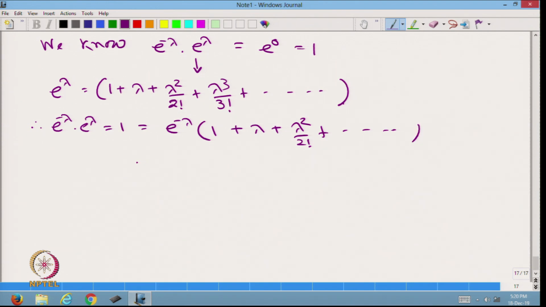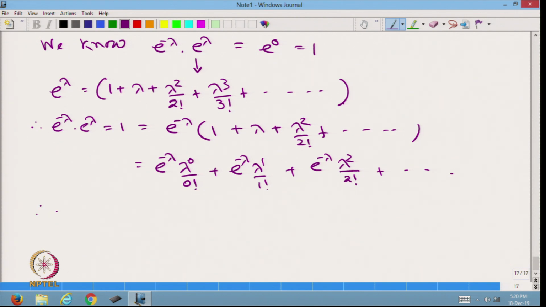Therefore, we are writing it as e to the power minus lambda lambda power 0 upon factorial 0, plus e to the power minus lambda lambda power 1 upon factorial 1, plus e to the power minus lambda lambda squared upon factorial 2, like that.